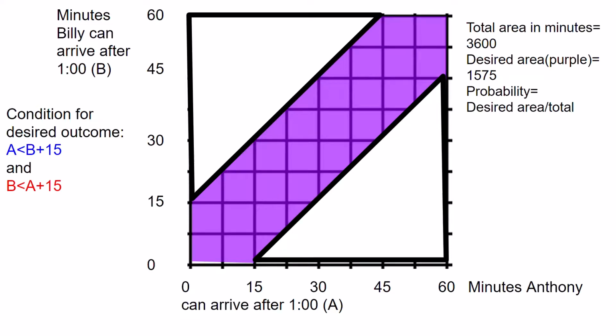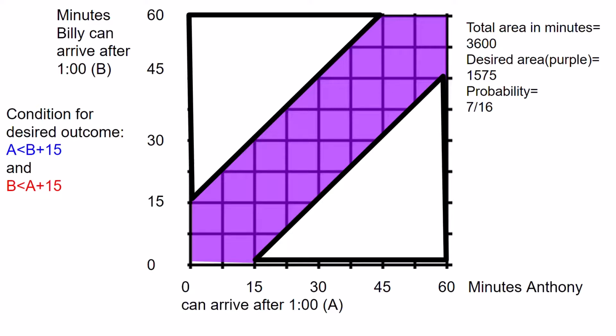Now, we need to find the probability by dividing the desired area by the total area, and that is 1,575 over 3,600. And when we simplify that, we get 7 over 16.